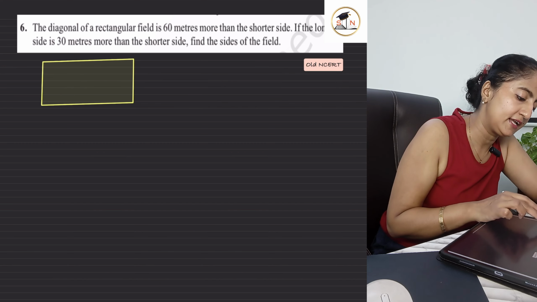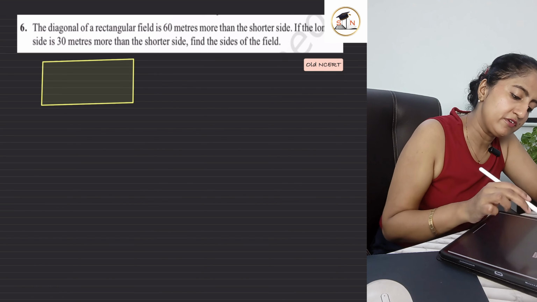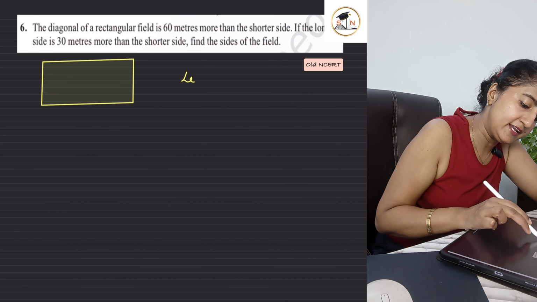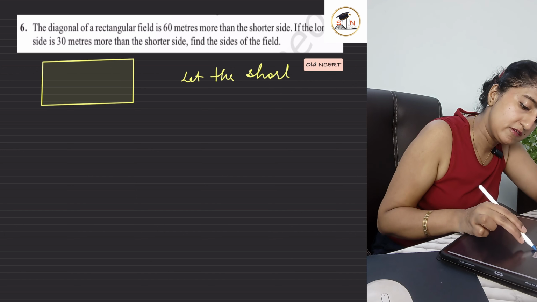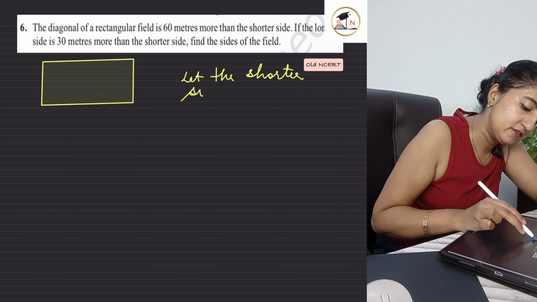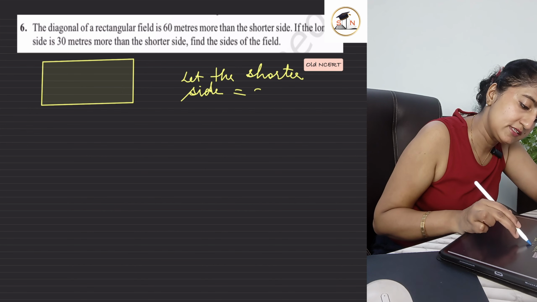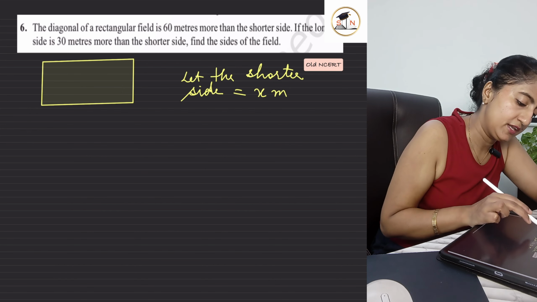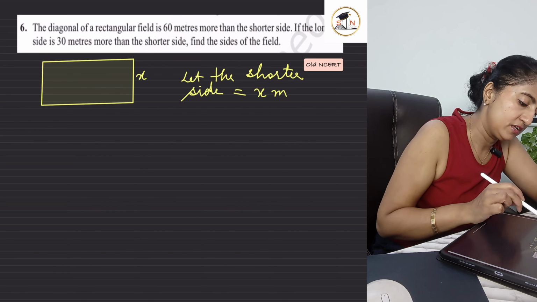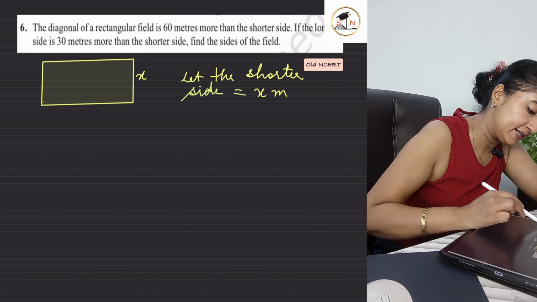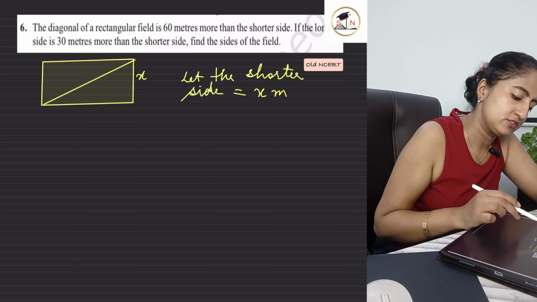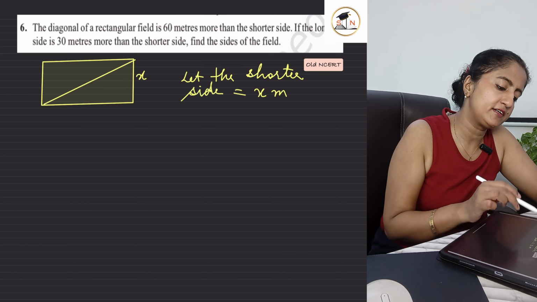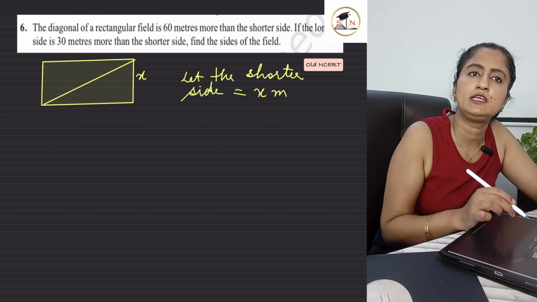Okay, this is my rectangle. Now, first let the shorter side equal x meters. Okay, so this is x. Now we need to make a diagonal as well. The diagonal of a rectangular field is 60 meters more than the shorter side.